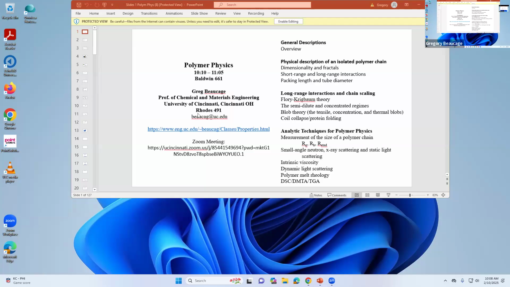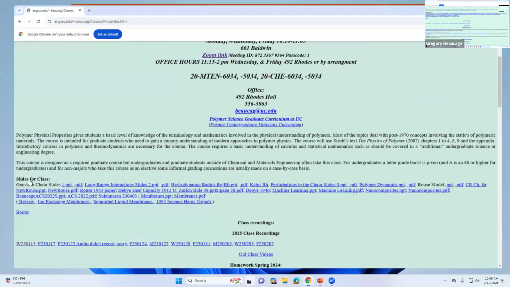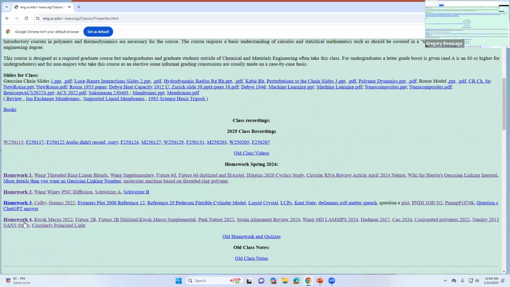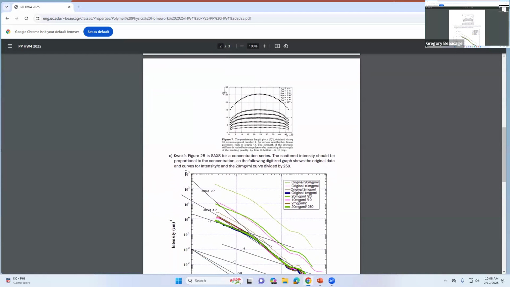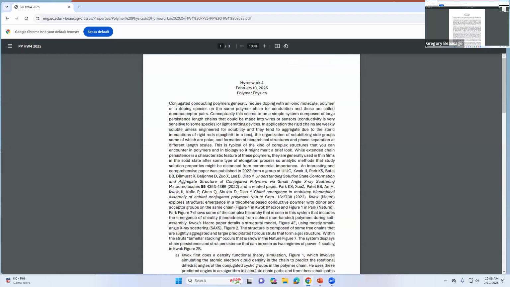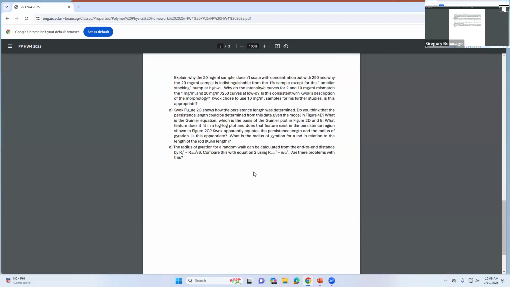Let me go back to this. Figure 2. Do you think that the persistence length could be determined from the data given in the model in 4E?